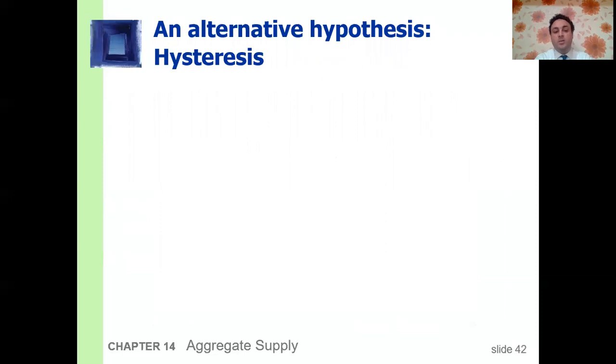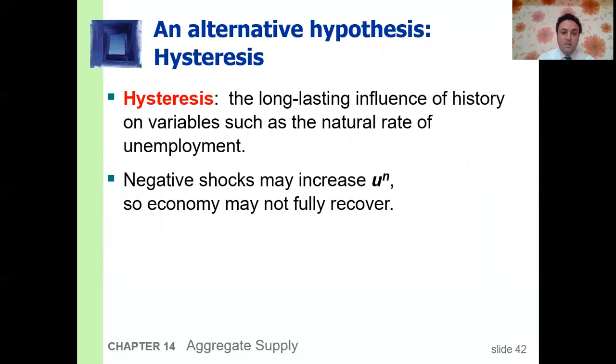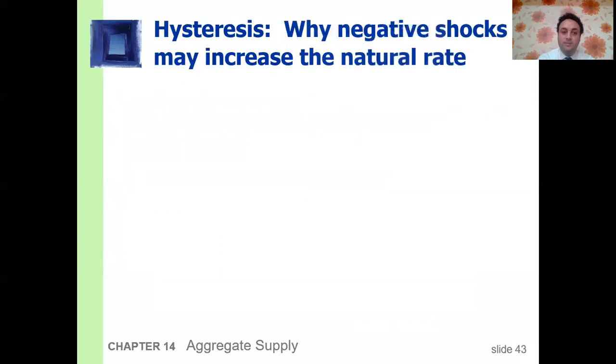An alternative hypothesis, the hysteresis, stresses the long-lasting influence of history on variables such as the natural rate of unemployment. Negative shocks may increase the natural rate of unemployment, so the economy may not fully recover.